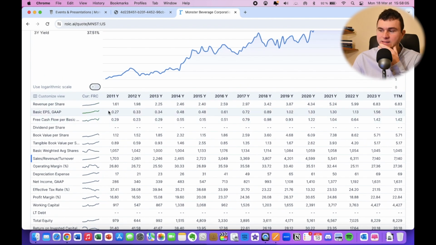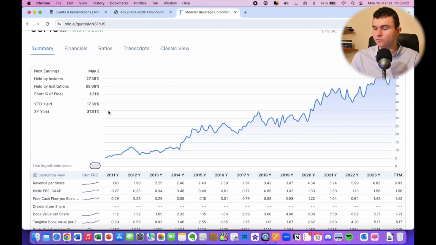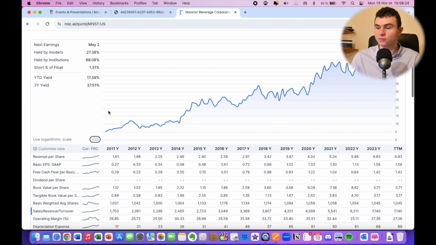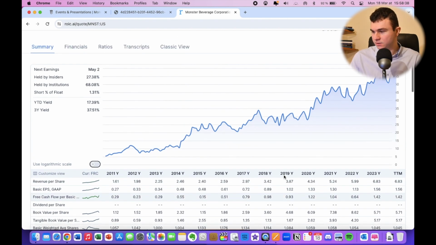I told you in the masterclass that in this website, the data is not 100% accurate, but I think that's enough for a free website to have a rough idea of the numbers. For example, you have a revenue per share here that increased from 1.6 to 6.8 in, I don't know, 12 years, 13 years.